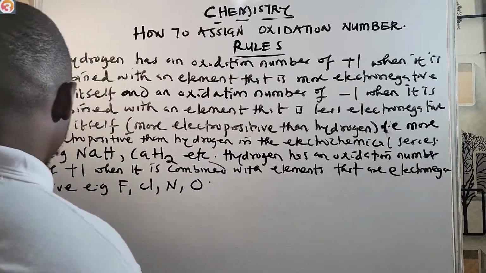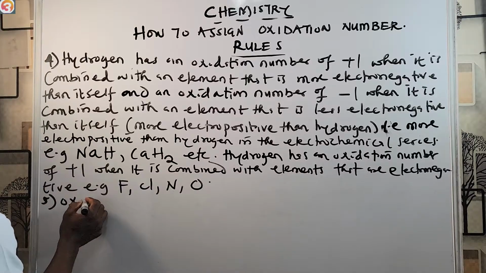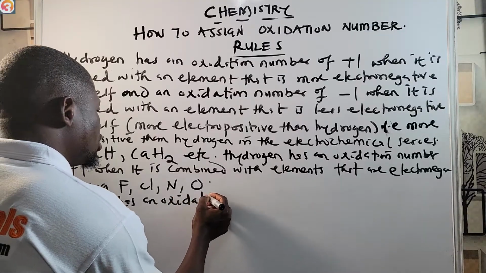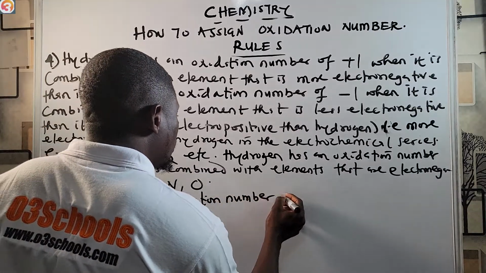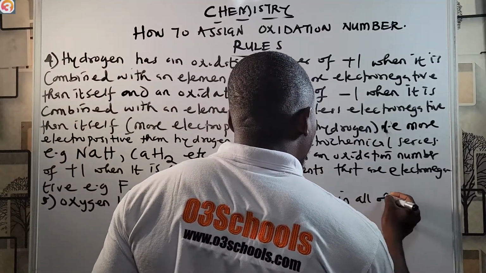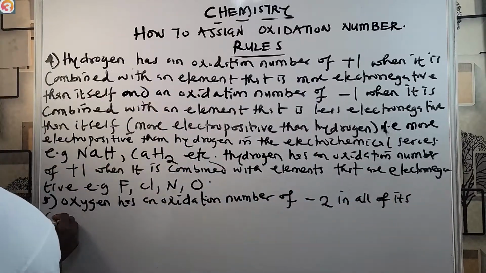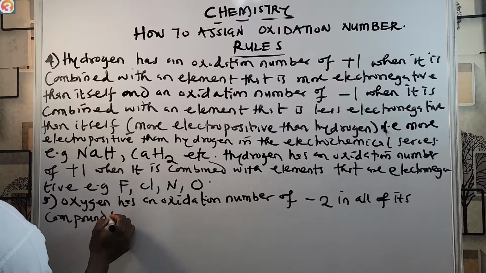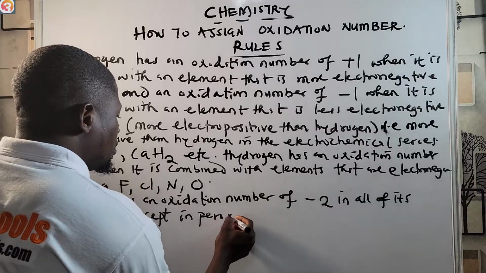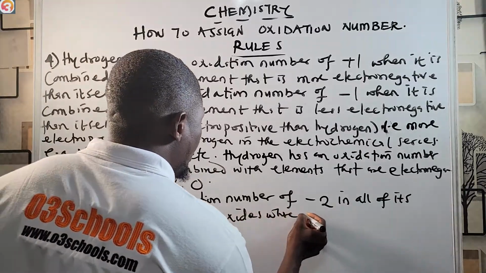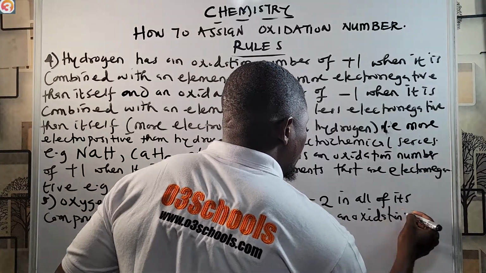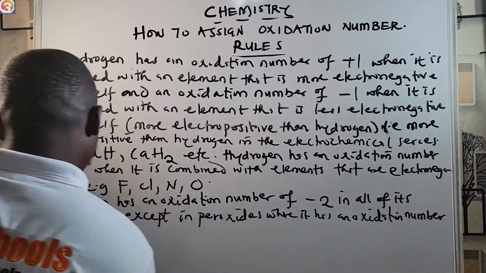Now we look at oxygen. Number 5: oxygen has an oxidation number of minus 2 in all of its compounds, except in peroxides, where it has an oxidation number of minus 1.